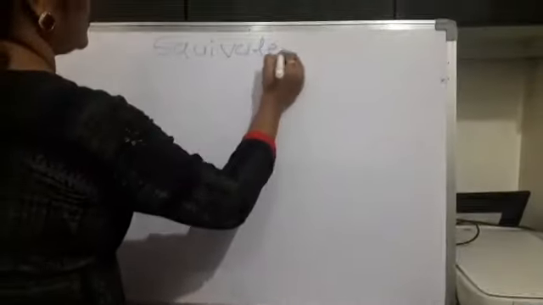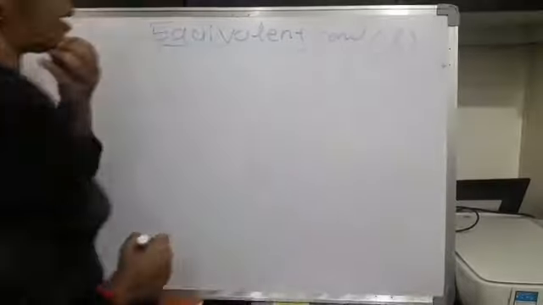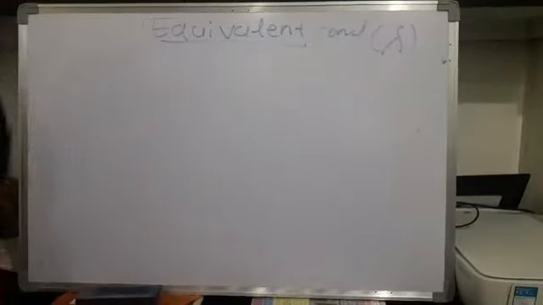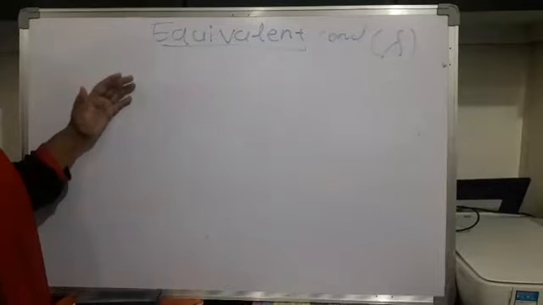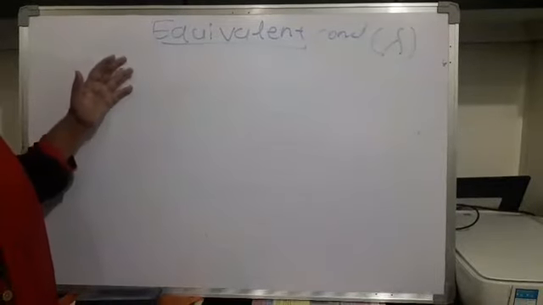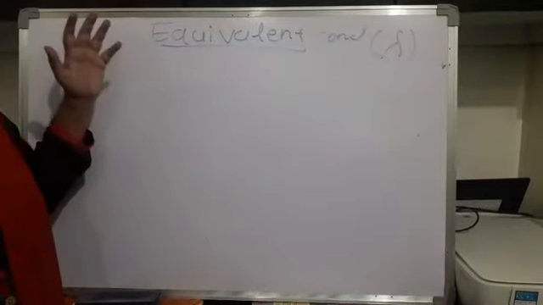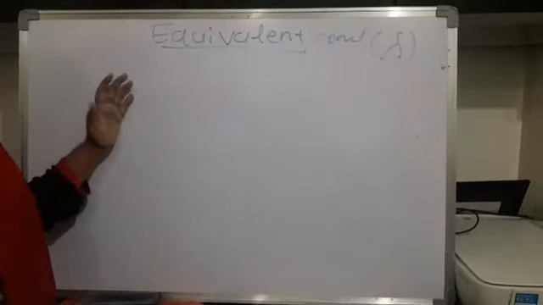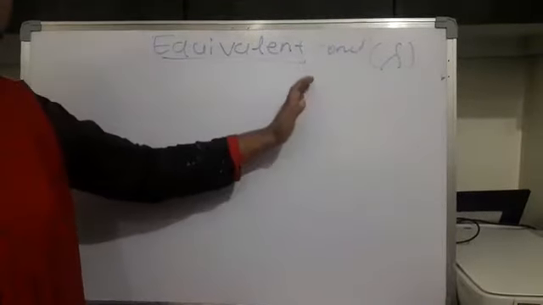What is the equivalent conductance? It is represented by lambda. Equivalent conductance means the conductance of a solution containing one equivalent of electrolyte.